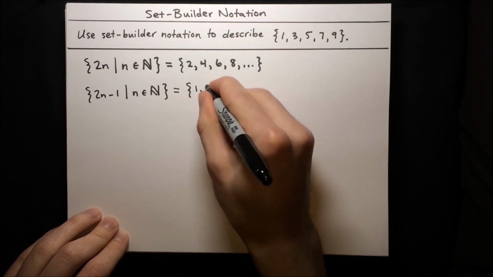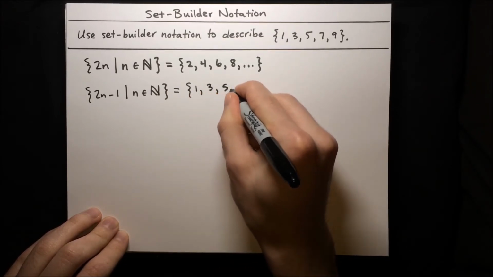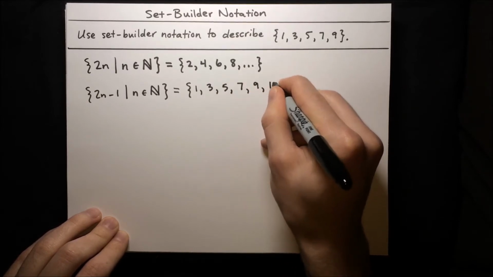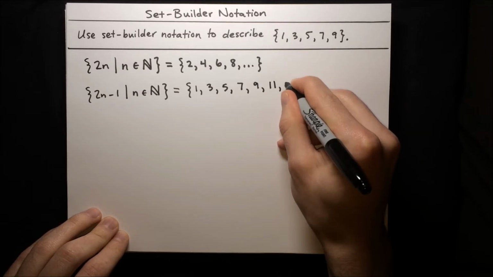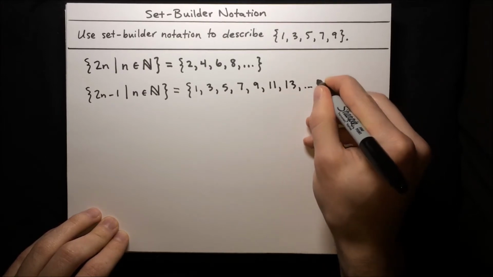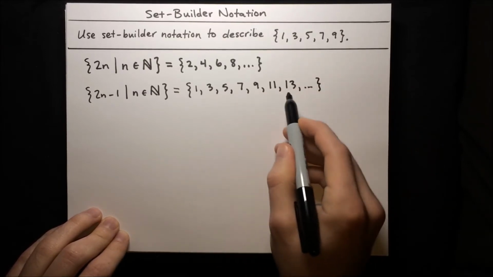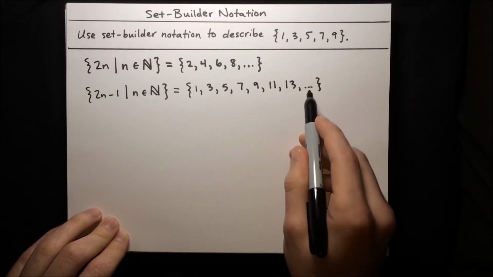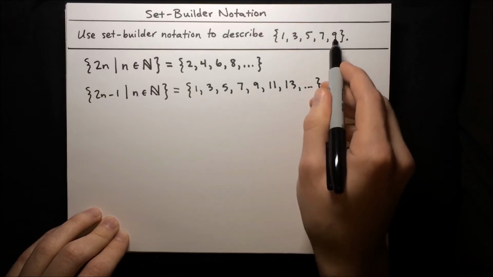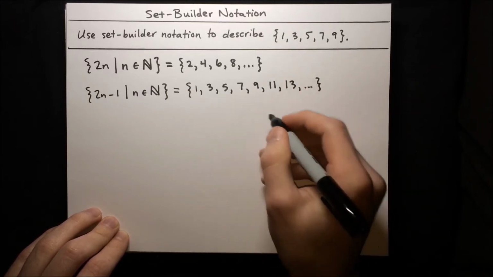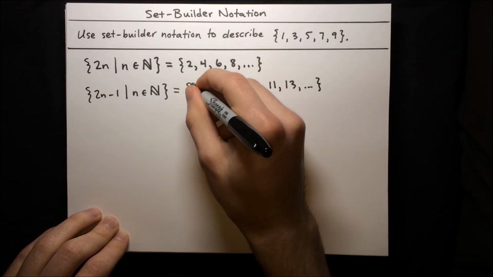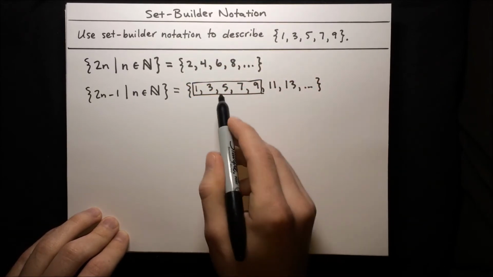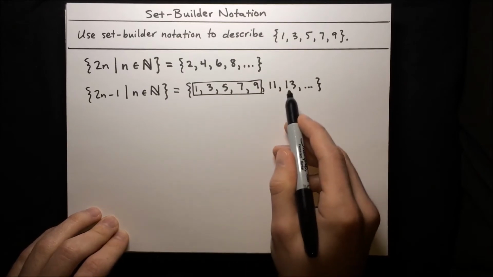So 1, 3, 5, 7, 9, 11, just going on and on, 13, and so on. I've written a lot more entries so that we can see the problem here. This is infinitely many entries, and this is just 5 entries. So we really just want these entries here. So how can we restrict this set to just have these 5 entries?